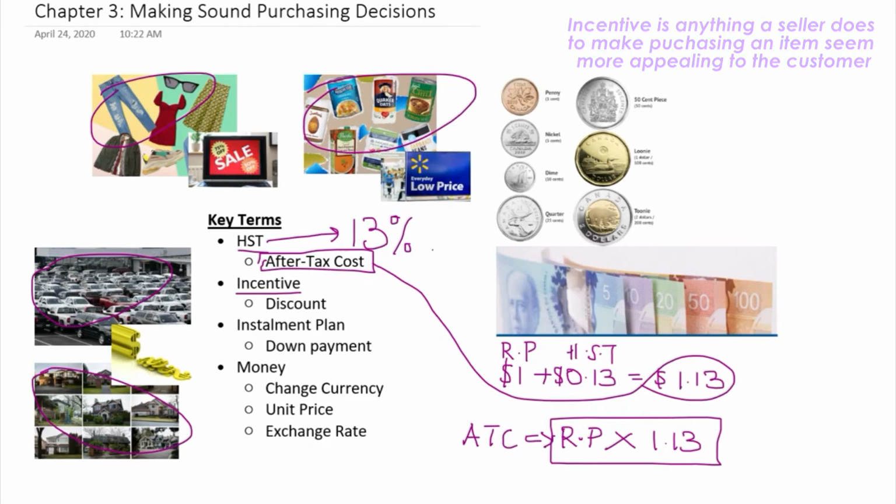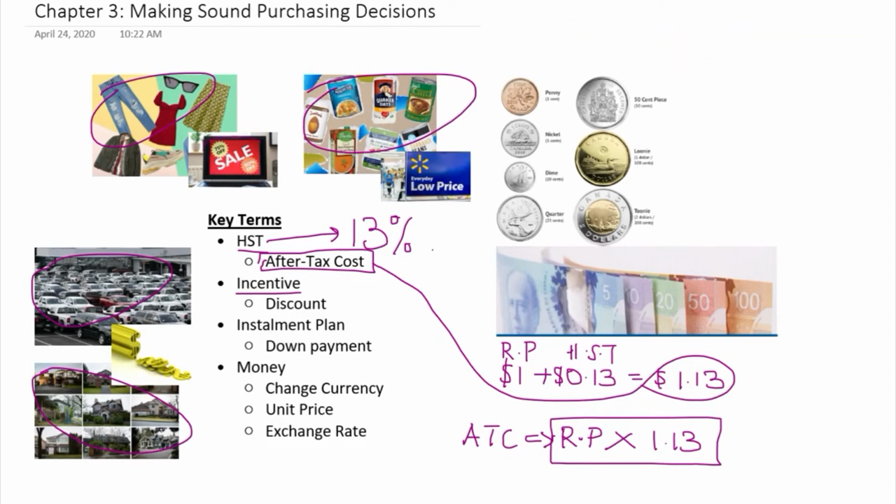Like for example, you see various tags like this: 70% off or 50% off of sale, like what we see right here. Or in here you see at Walmart, everyday low price. Or you see here various forms of price tags on cars or housing.